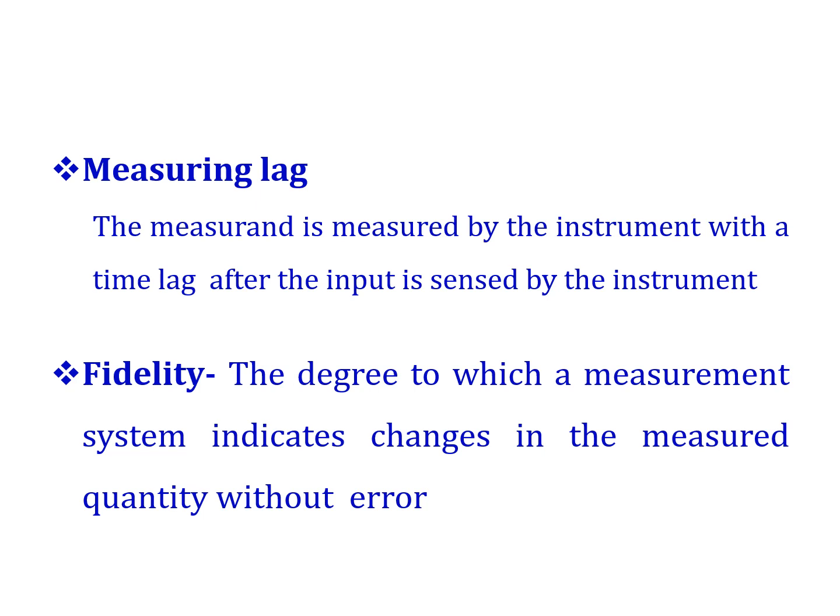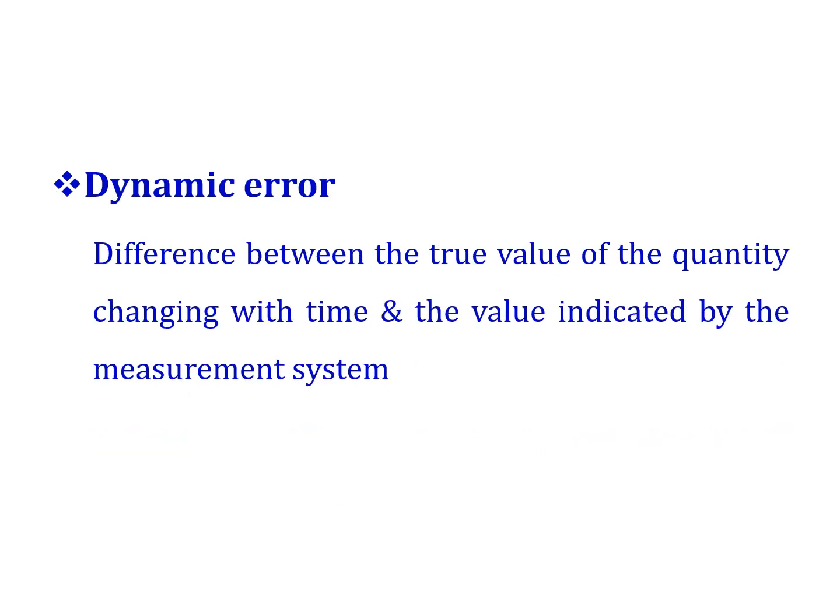Fidelity is the degree to which a measurement system indicates changes in the measured quantity without error. Dynamic error is the difference between the true value of the quantity changing with time and the value indicated by the measurement system.